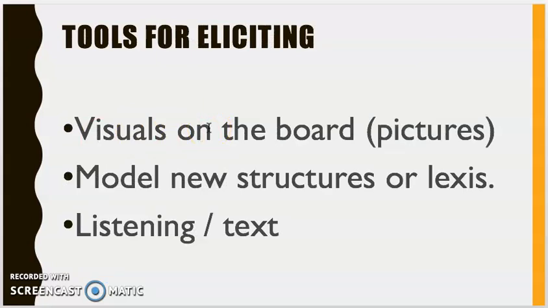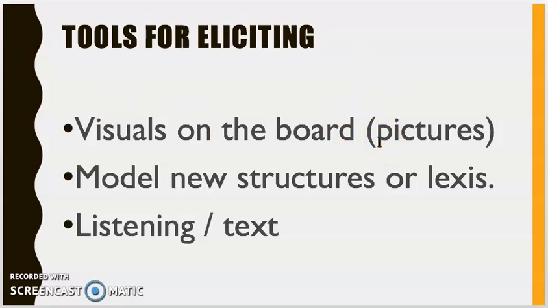So what are the tools for eliciting? Well, the first thing that we need to keep in mind is that language and ideas cannot be elicited without any kind of input from the teacher, right? And so students, they need some sort of input, they need some sort of prompt there in order for them to be stimulated to come up with vocabulary or language structure, for example. So one of these tools that you may use, you have here like visuals on the board, such as pictures, for example.